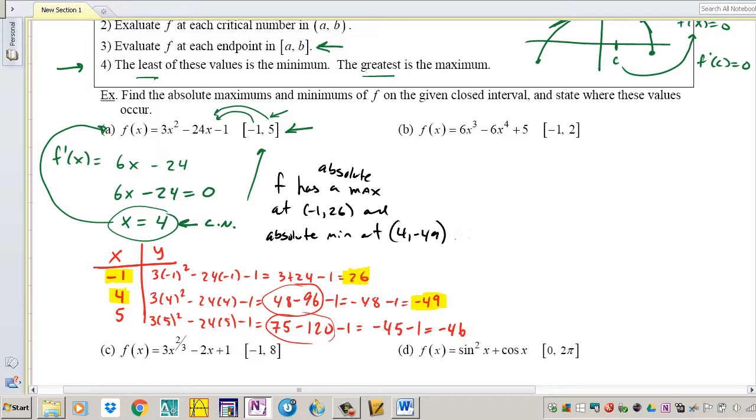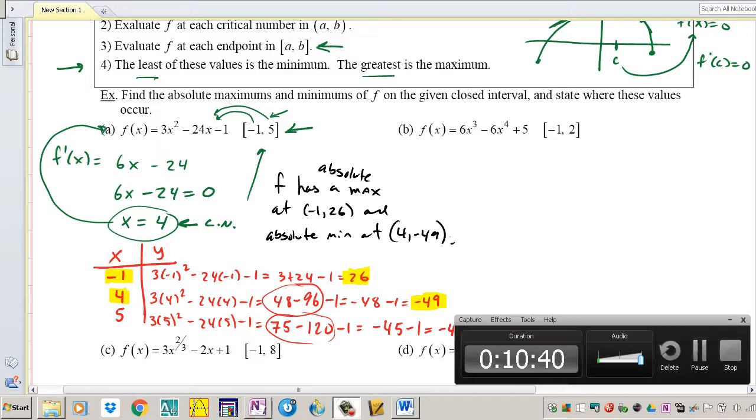So there you go. That is how you figure out your maximums and minimums using your derivative. I'm going to finish off the rest of the examples in another video. See you guys then.